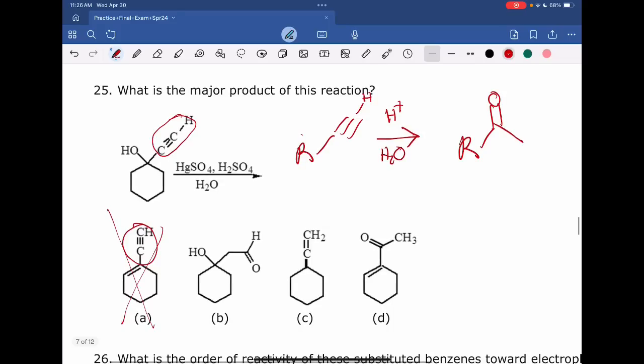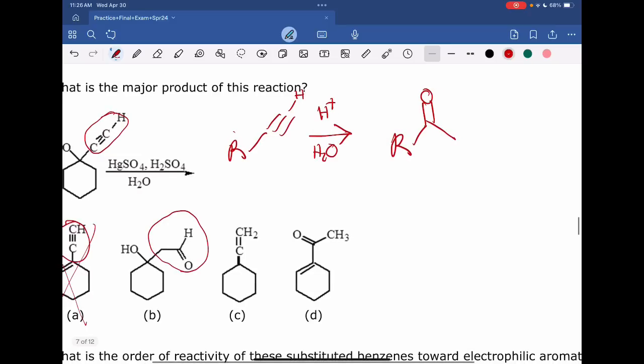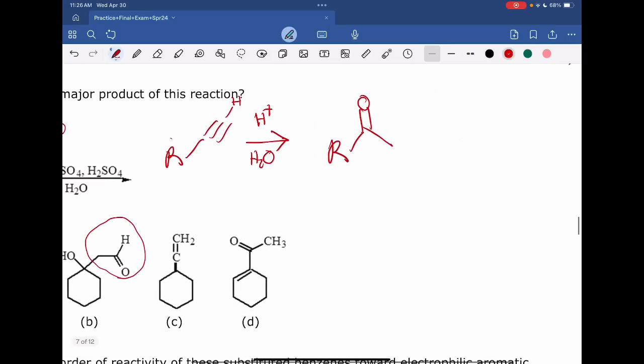B, they did react the triple bond, but this is what would happen if you do it in base, not acid. Because with base, I'm going to redraw this with OH minus, H2O. This is going to give you an aldehyde.